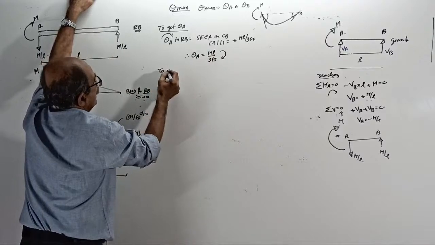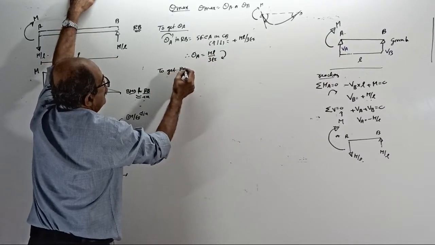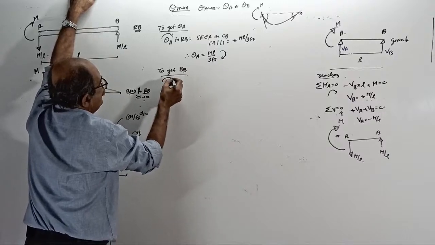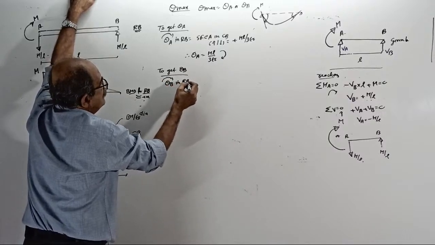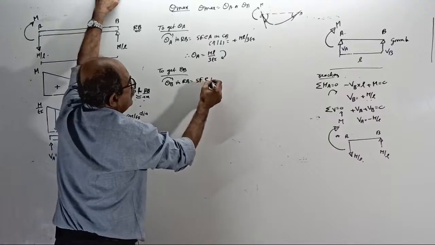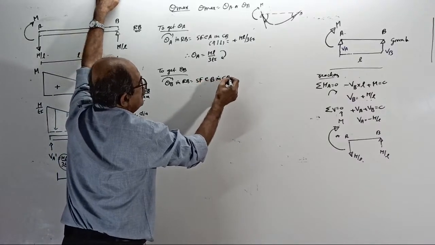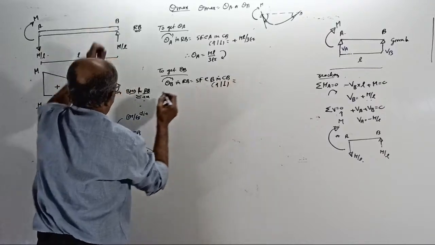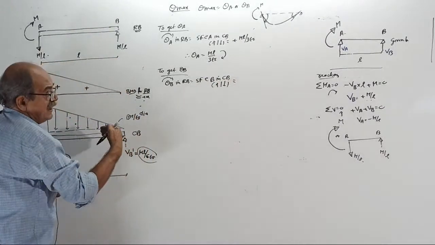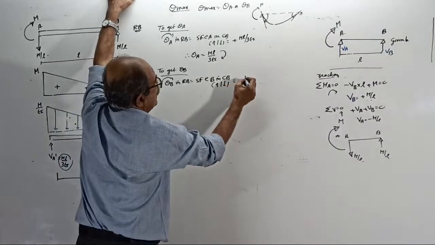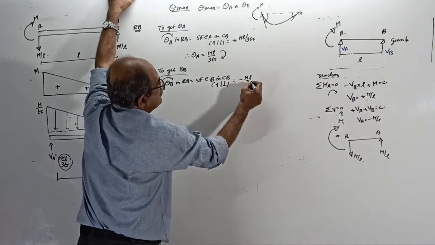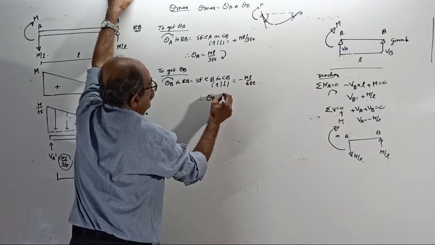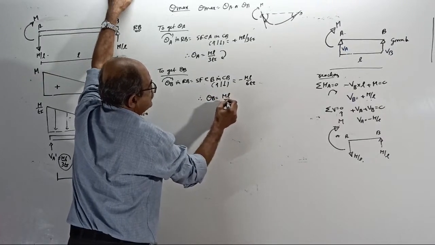To get theta B, theta B clockwise in the real beam equals the shear force at B in the conjugate beam. Left up, right down is positive, so right up is negative: minus ML by 6EI. Therefore, theta B equal to ML by 6EI.